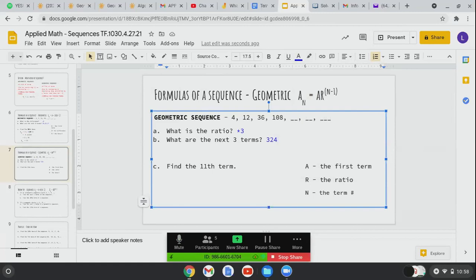So I'll just do it. 324. If anybody has the calculator and would like to help me, I would greatly appreciate it. Then you have 972.